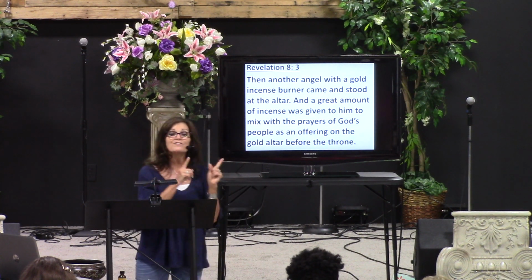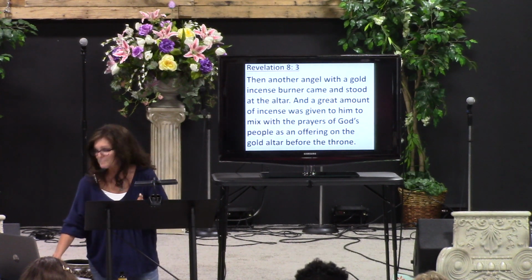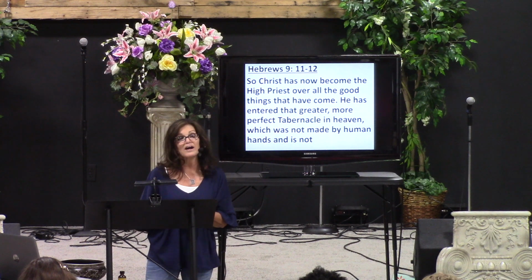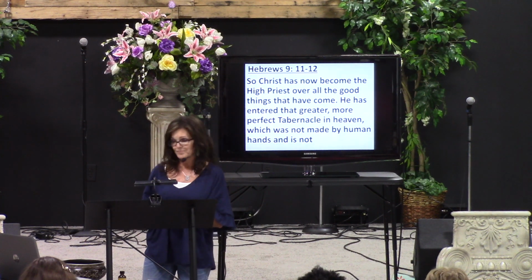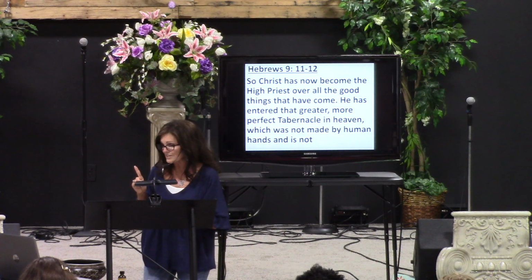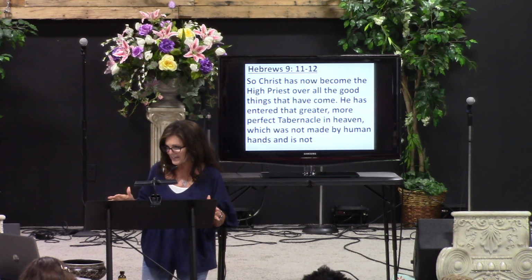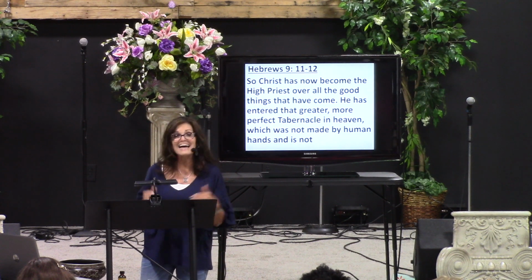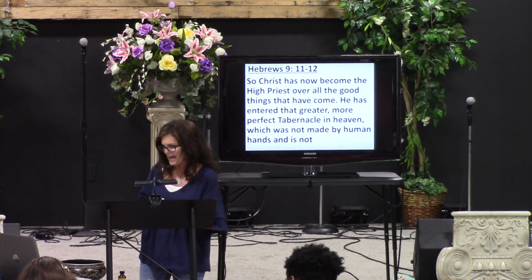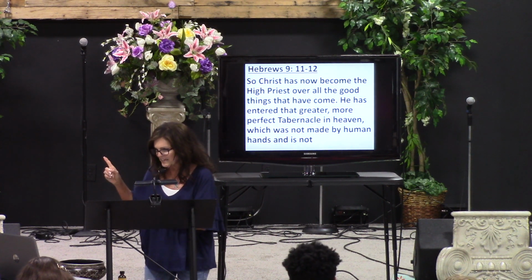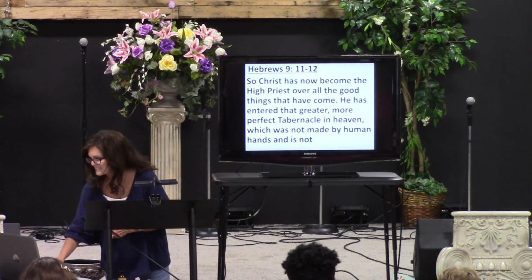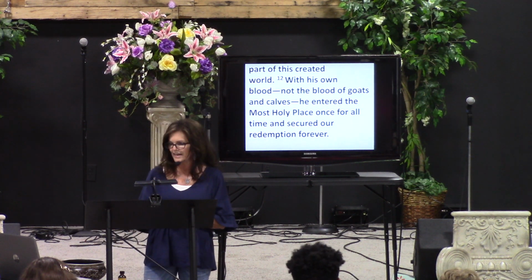And then in the book of Hebrews, chapter 9, get this. Chapter 9, verse 11 and 12, Paul said, so Christ has now become the high priest over all the good things that have come. He has entered the greater, more perfect tabernacle or temple in heaven, which was not made by human hands and is not part of this created world.